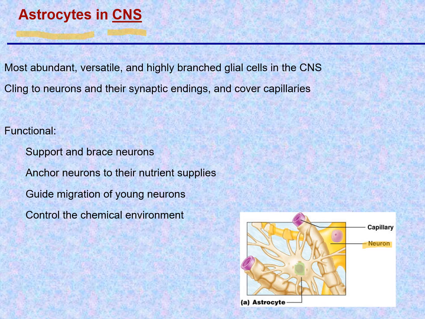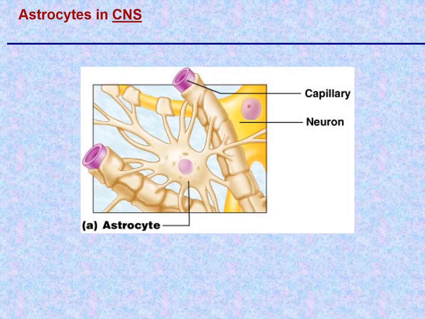They can help guide new cells into the appropriate place, etc. So these are important cells found in the central nervous system, the spinal cord, or the brain. Here's a larger picture. I should have used this. There's the astrocyte. There's the nucleus of the neuron, and the astrocyte has extensions reaching around and wrapping around this capillary and also around this capillary. And I'll do it in a different color, reaching out and wrapping around this extension coming from the neuron.